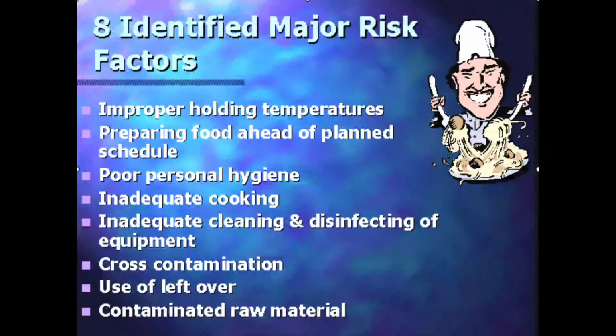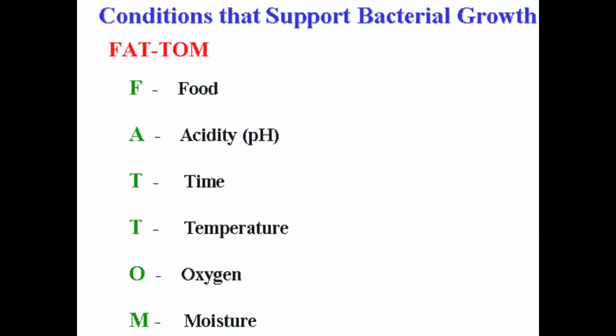These are the factors that may lead to the deterioration of the food condition, which supports bacterial growth. So always keep in mind the abbreviation FAT TOM, which is nothing but food, acidity, time, temperature, oxygen, and moisture.